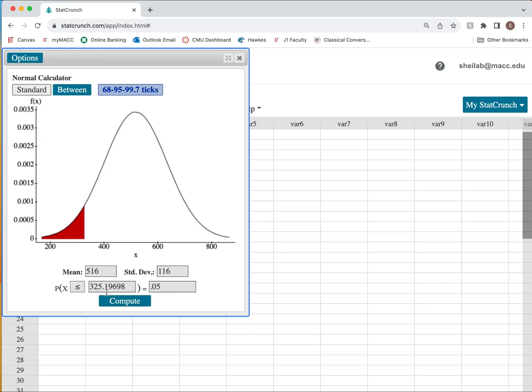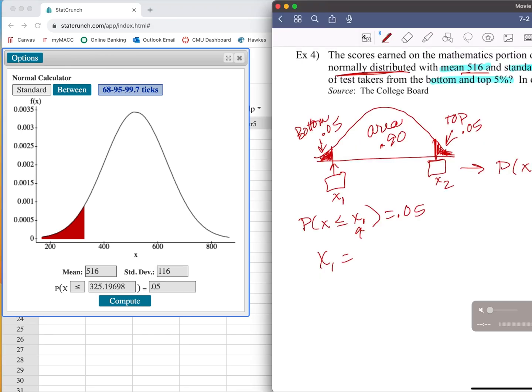So the score here for the bottom part is 325.19. Now, whenever I talk about scores, we just talk about the whole score, right? So if I'm looking at this, this is just going to give us a 325. So X1 here is going to be 325.